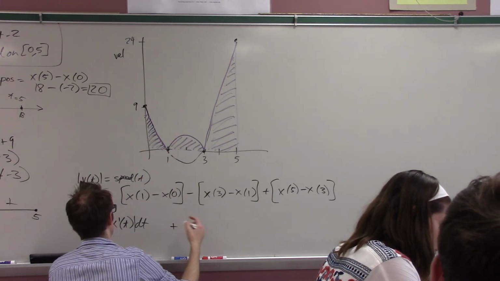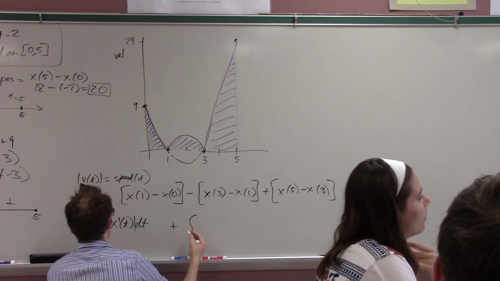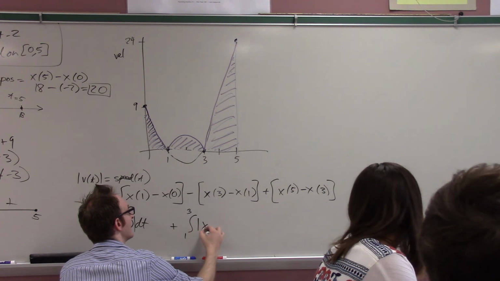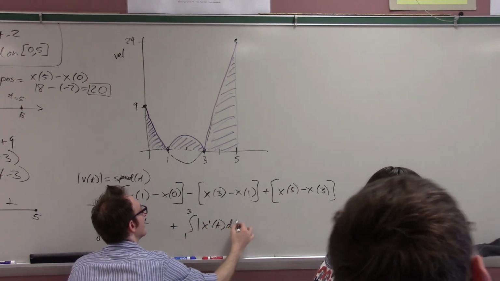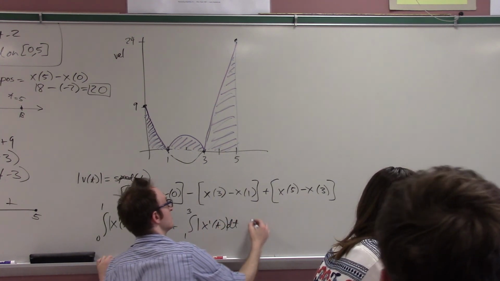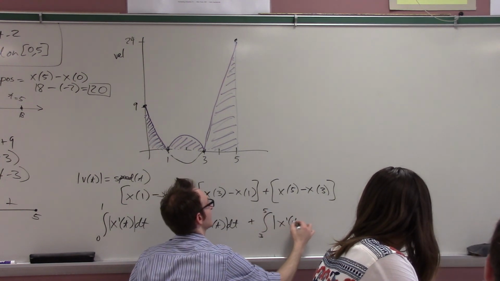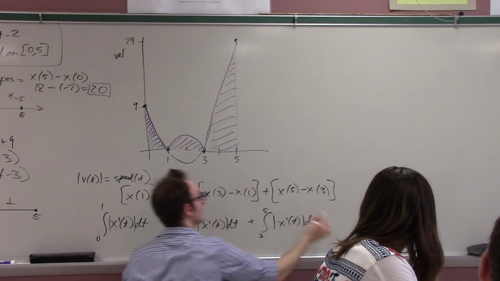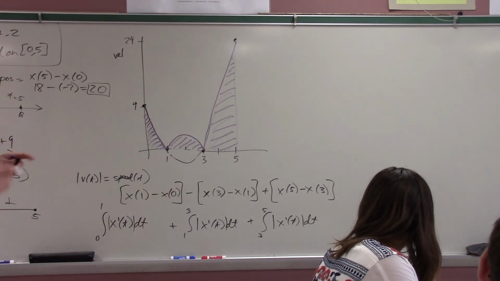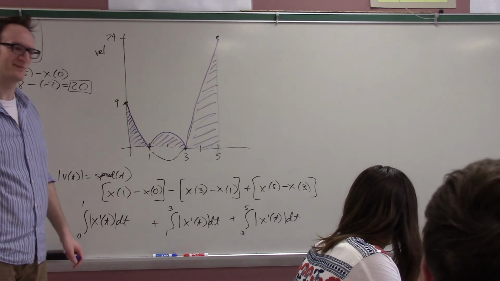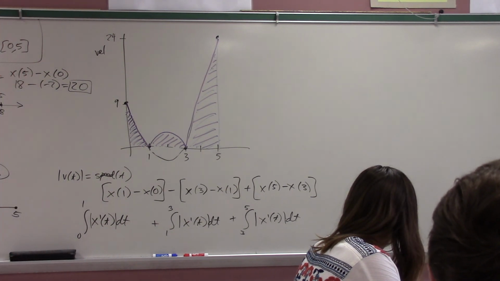And then it said to do the integral from 1 to 3 of the absolute value of the derivative of the position, plus the integral from 3 to 5 of the absolute value of the derivative of the position. So if you think about what's going on here, each of those is that thing, right? Is this making sense? I feel like it's a good problem.